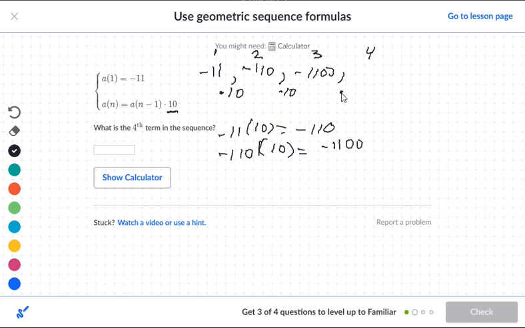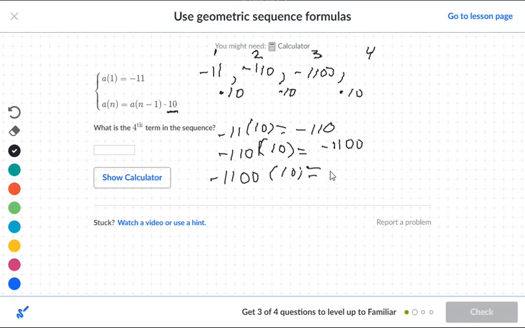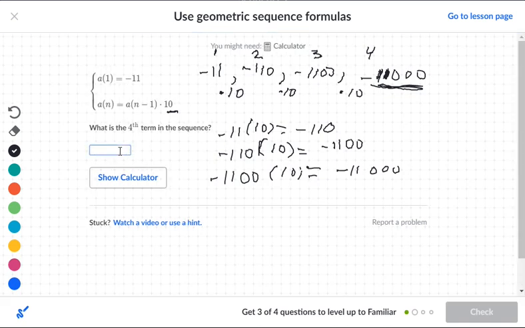Now I want to multiply this by 10. So I'm going to take the negative 1100 and multiply it by 10. When I do that, I get a negative 11 followed by 3 zeros. So my answer would be negative 11,000. So let's type that in: negative 11,000.